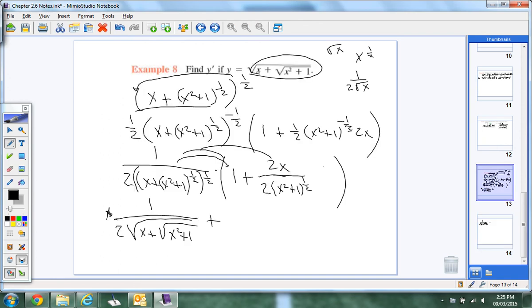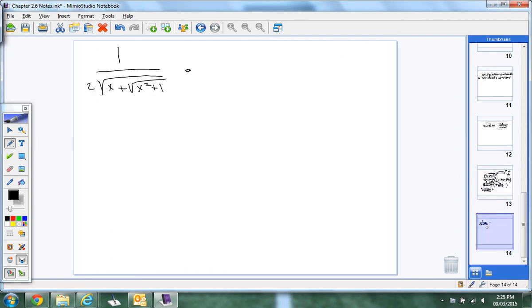So what I did real quick is I got these to have a common denominator. So I made the 1 this. So watch, this is what it'll look like. That's what it looks like after you get a common denominator.